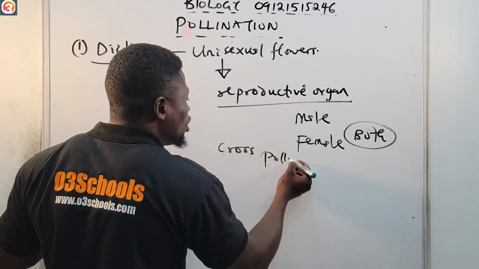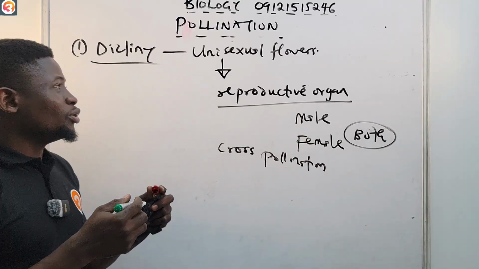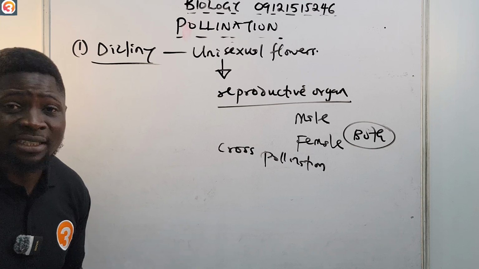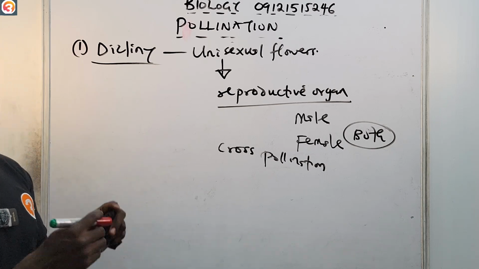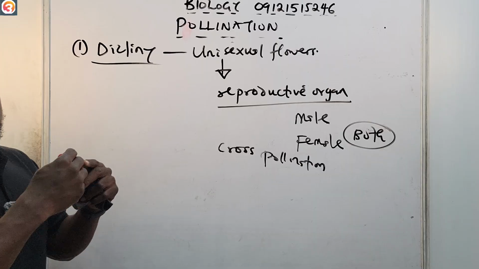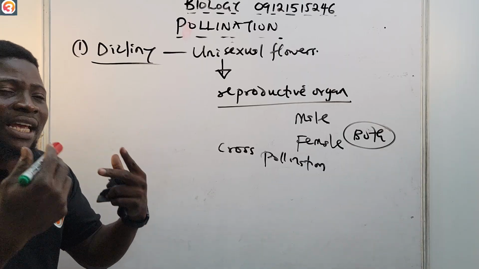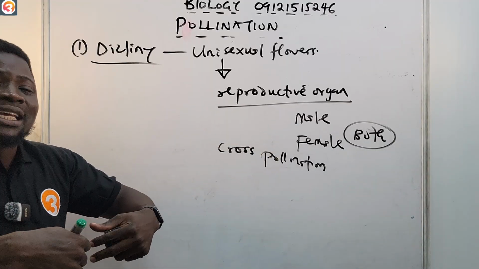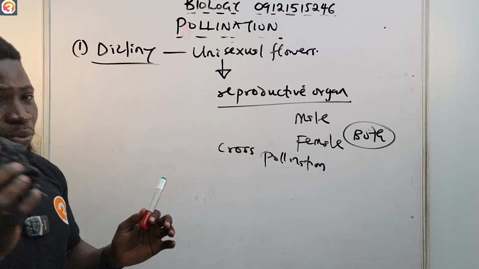That means self-pollination cannot happen on the unisexual flower, just like a pistillate or a staminate. It's as simple as ABC. Unisexual flowers cannot carry out self-pollination, because they do not have both the male and female reproductive organs in the same flower, or in the same plant.